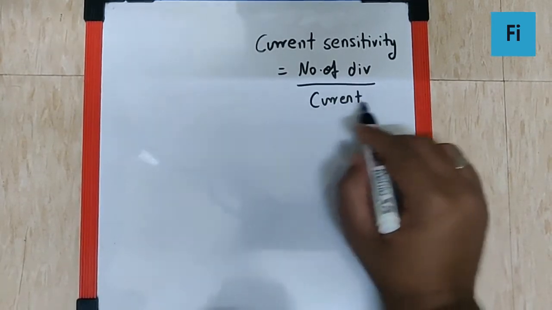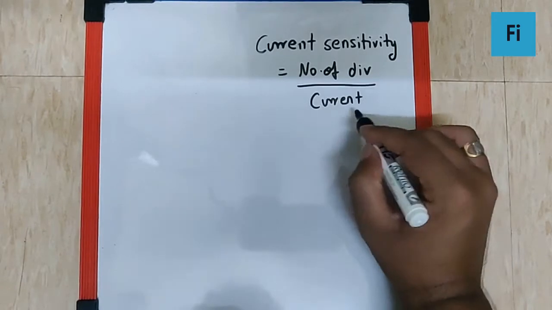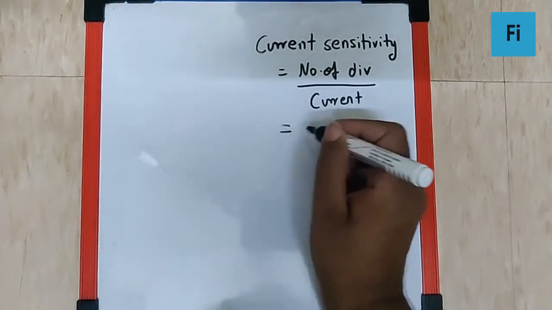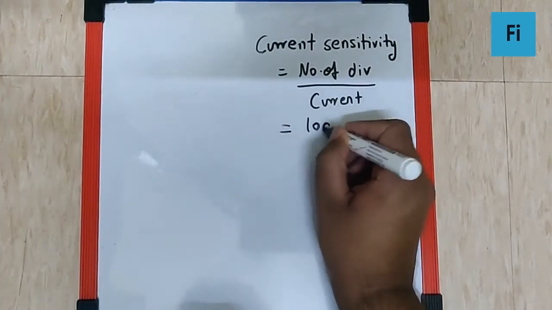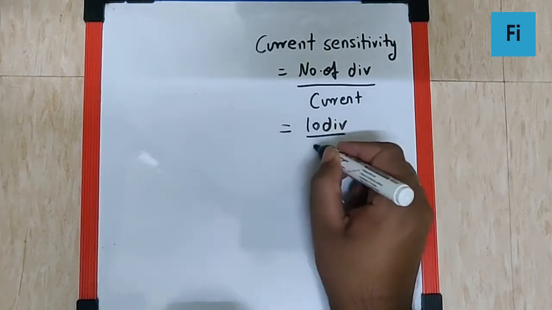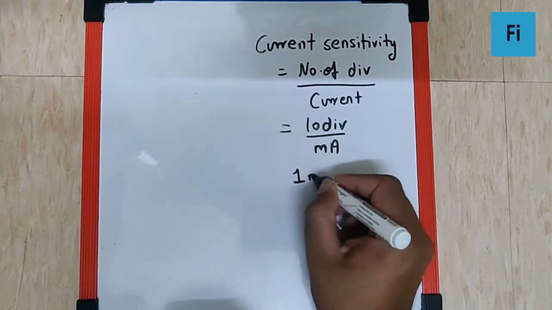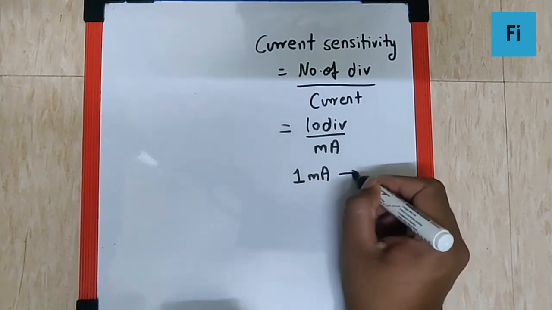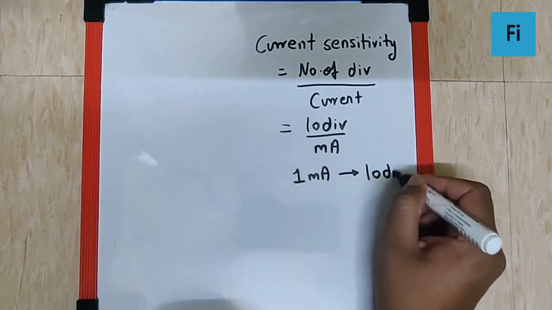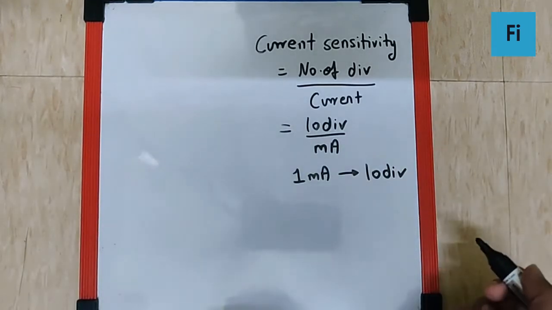Here, even if you don't know this, you can see the value given: it is 10 divisions per milliampere. What does this mean? For 1 milliampere, the instrument will move by 10 divisions.